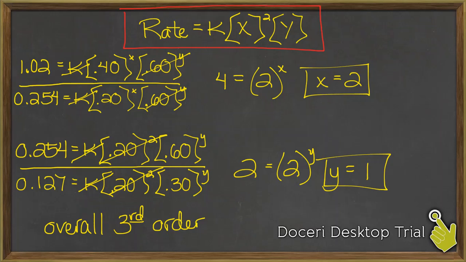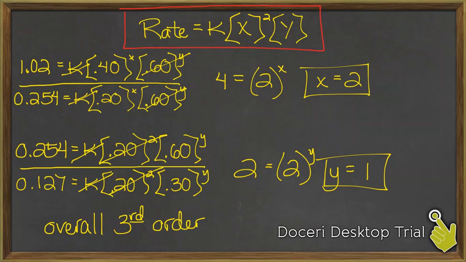So using that initial rate method, this is what you should have gotten for the rate law, which I've boxed in red at the top of the slide here, which shows us that X is a second order reactant, Y is a first order reactant, which tells us that the overall reaction order is third order.